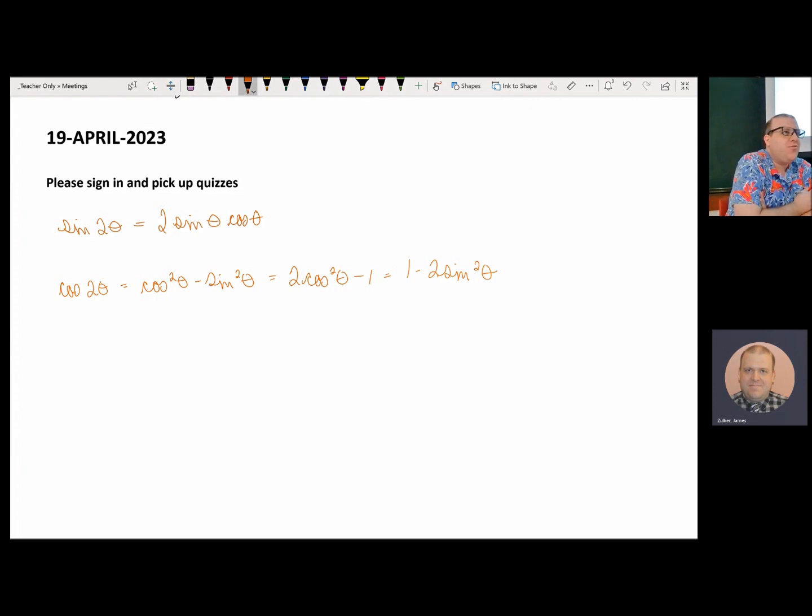Cosine of 2 theta has 3 identities: cosine squared minus sine squared, 2 cosine squared minus 1, or 1 minus 2 sine squared.